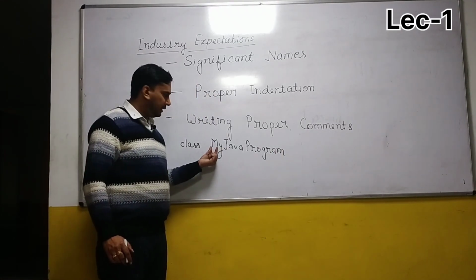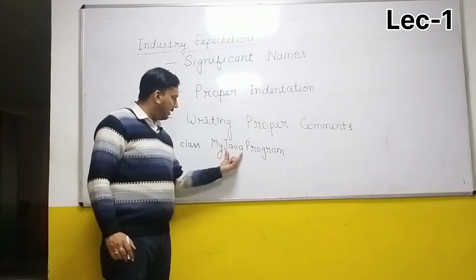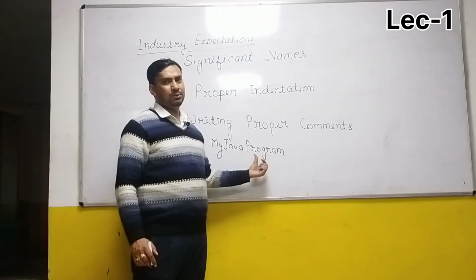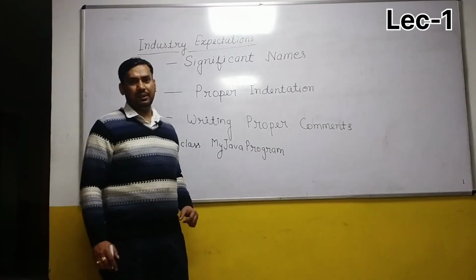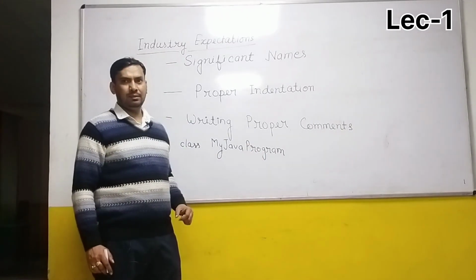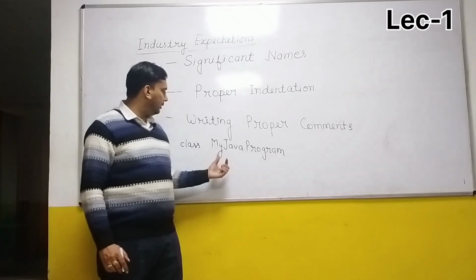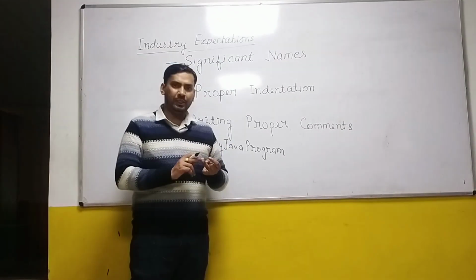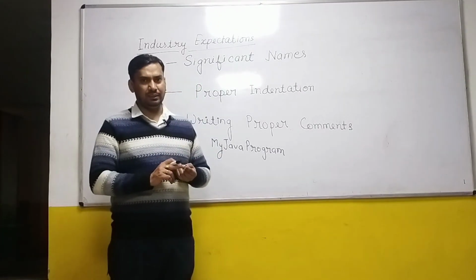M, my is the first word, M is capital. Java is the second word, J is capital. Program is the third word, so I am using the P as the capital letter. Right? So these are the naming convention for classes, enumerations, and interfaces.